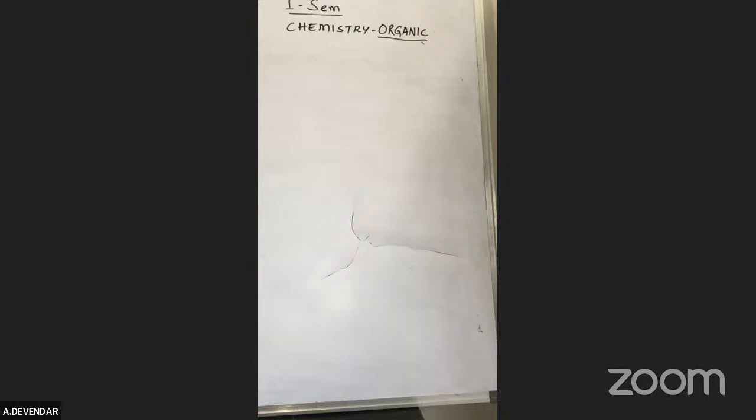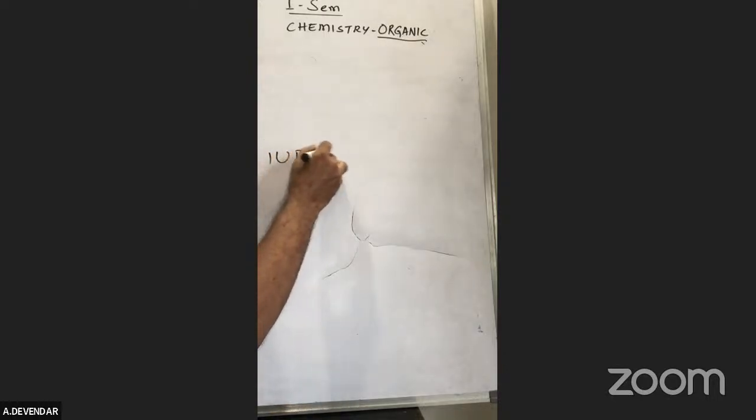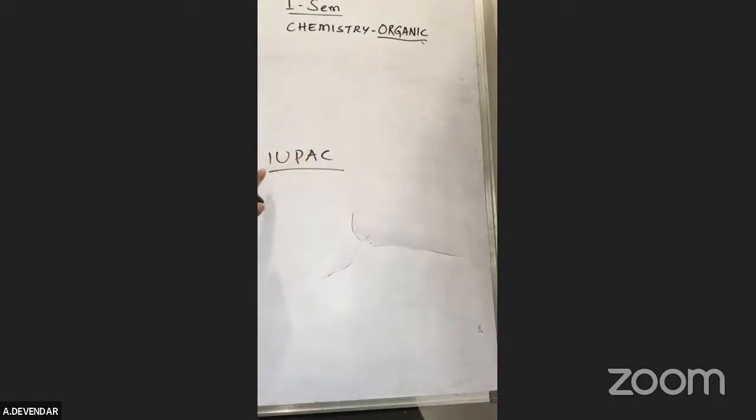In that, the International Union of Chemistry was formed. Afterwards, in 1934, another society was developed, and lastly, in 1945, the IUPAC nomenclature society was formed. What do you mean by IUPAC? International Union of Pure and Applied Chemistry.